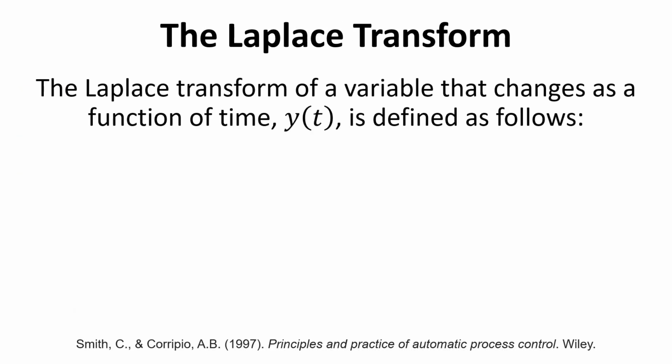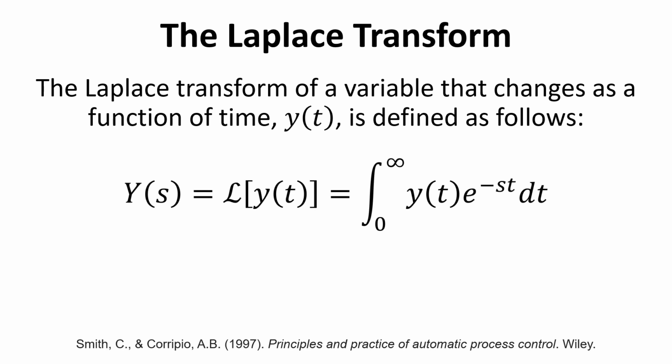The Laplace transform of a variable that changes as a function of time, y of t, is defined as follows. We have capital Y of s equals this symbol here, which is the Laplace transform operator. We're taking the Laplace transform of y of t, and to do that we take the integral from 0 to infinity of y of t, the function we're interested in, multiplied by e to the minus st, dt.